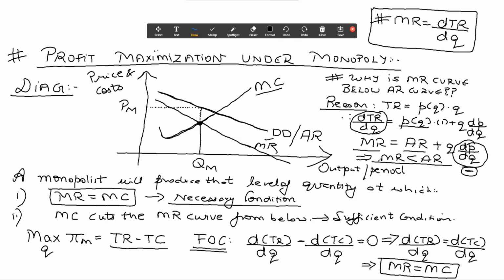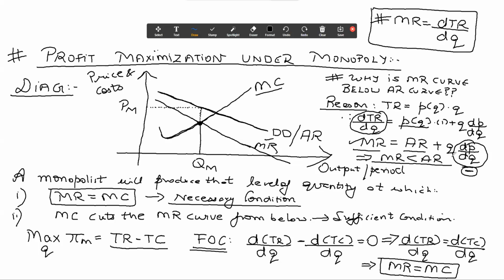I again repeat, dTR/dQ is MR, P(Q) is AR, plus Q times dP/dQ. The sign of dP/dQ is negative because the demand curve is downward sloping. So MR is equal to AR plus some negative term. That means MR is less than AR, so the MR curve lies below the AR curve.